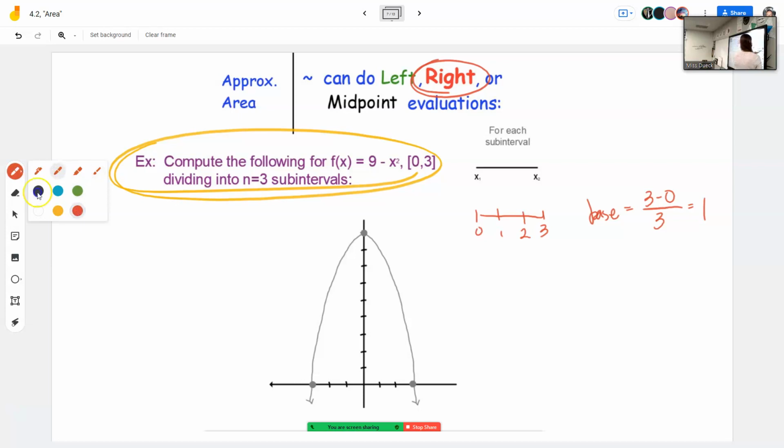On this little subinterval, if I have a rectangle popping up out of it, I need the one on the right for a right approximation. I'm going to be using these other ones, 1 and 2 and 3. And what does that look like down here? Once again, trying to approximate this curve.